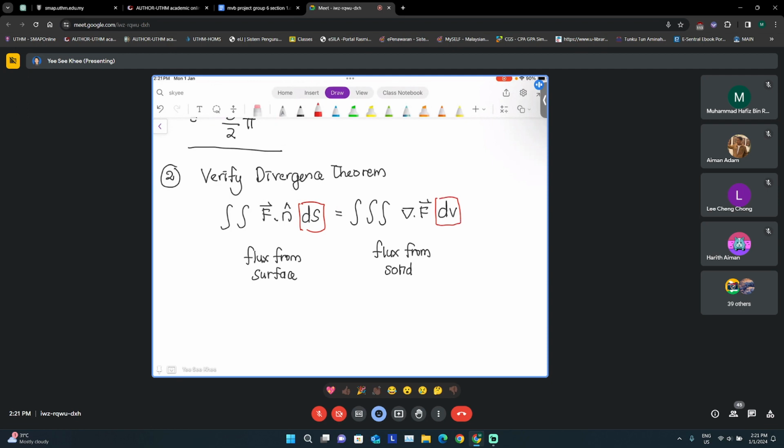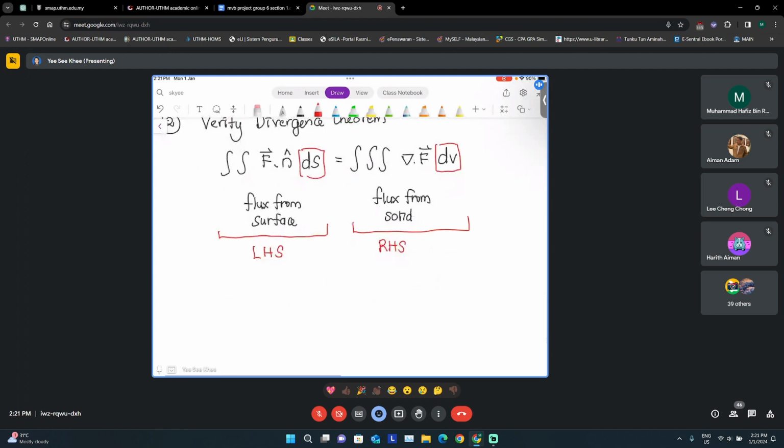So this question is asking us to verify. Verify meaning that you have to do both sides. The left hand side, you have to calculate and get an answer. And for the right hand side also, you have to calculate and get an answer. And you must make sure that both answers are the same. Then only you could verify.